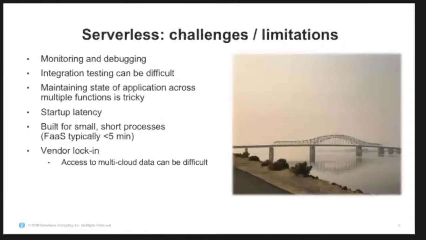Some challenges, limitations, where it gets a little hazy here. So monitoring, and all of this is starting to get better because serverless is still growing. Monitoring and debugging could be a little bit rigid, I think. Whereas maybe you're used to writing applications and you have control over the debug capabilities, control over the way you monitor it. Now you're sort of tied to the cloud provider's capabilities.